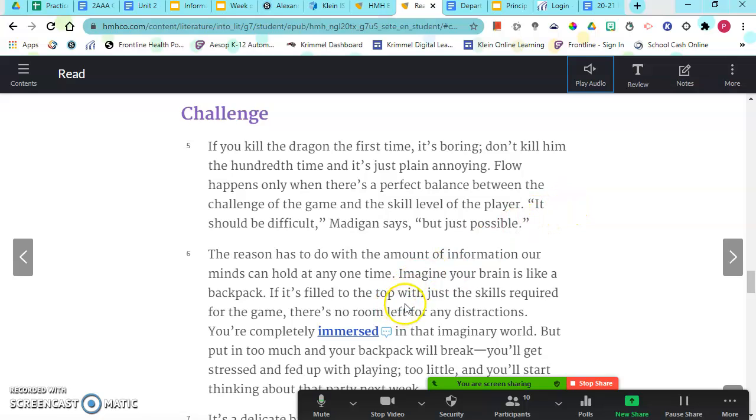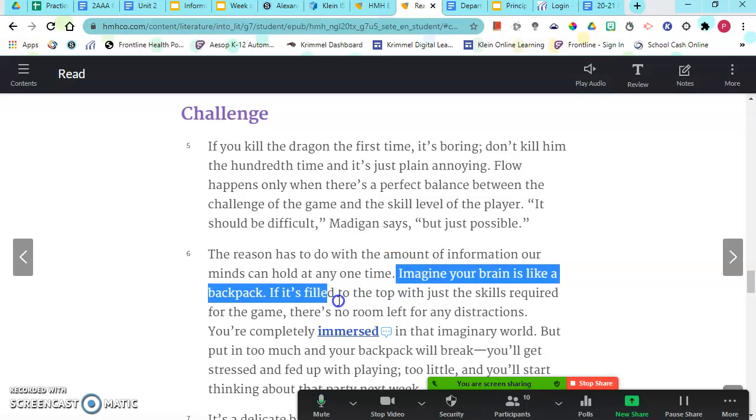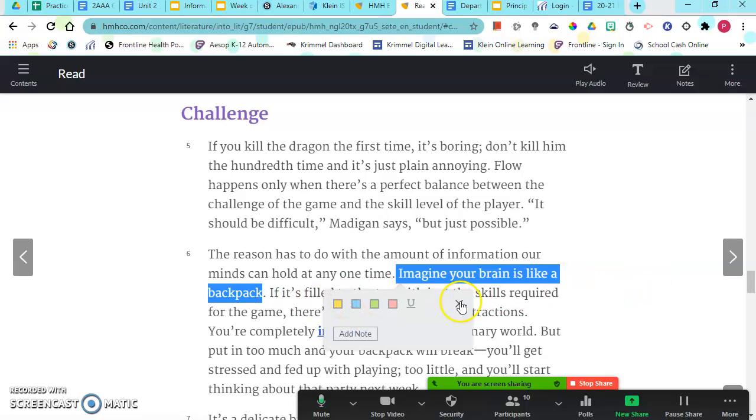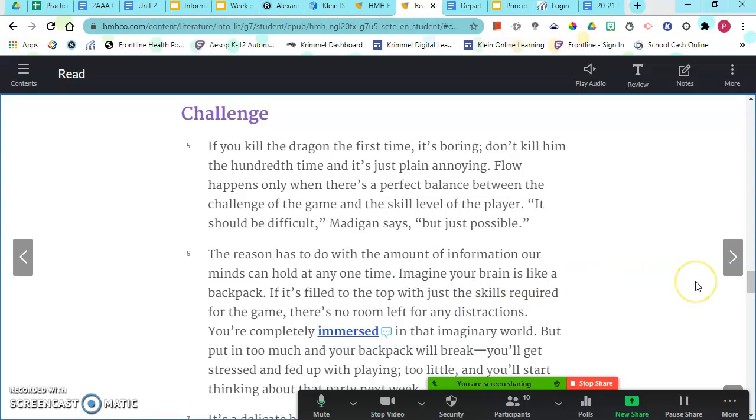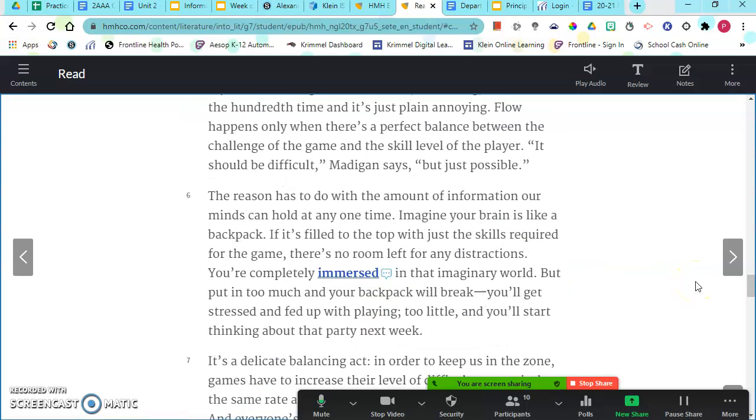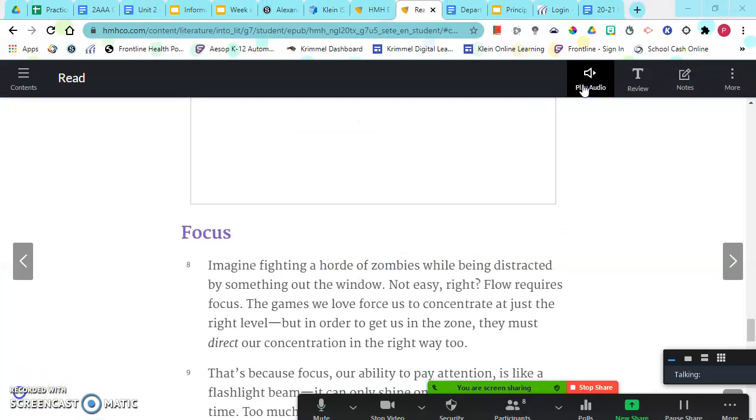All right, so it tells us right there that imagine your brain is like a backpack. Okay, this is a simile. It's a comparison between 2 things using like or as. All right, we will continue analyzing this and reading after lunch.